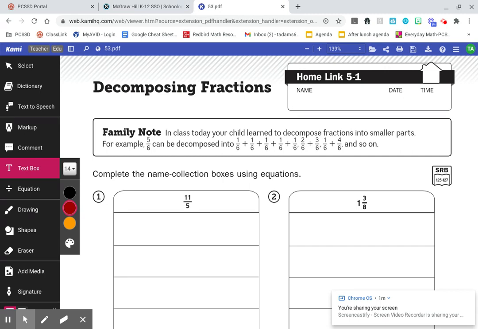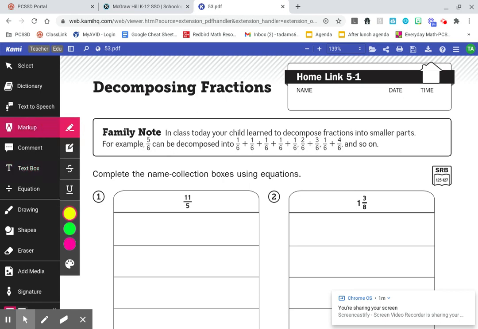And we want the top numbers, all of our numerators, to equal the numerator in the fraction that we're decomposing. So as long as all of these numbers, when added together, equal the top number in your fraction, you have decomposed correctly.